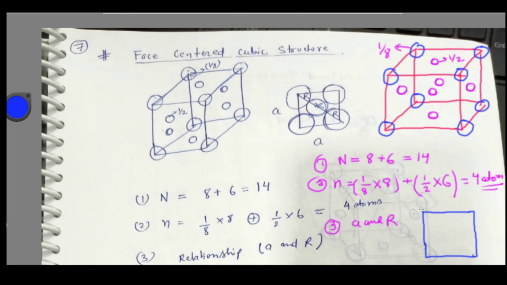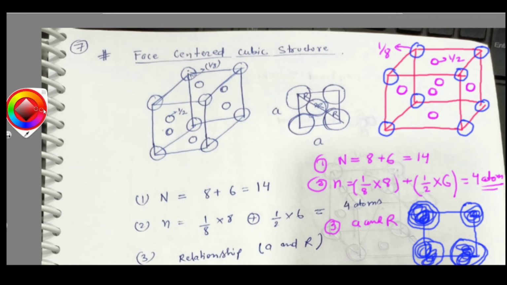This is the front side face with 4 corner atoms, these are the corner atoms, and one face atom on the face, this is the face atom touching all of them.